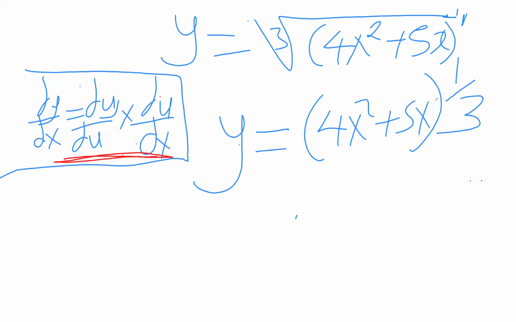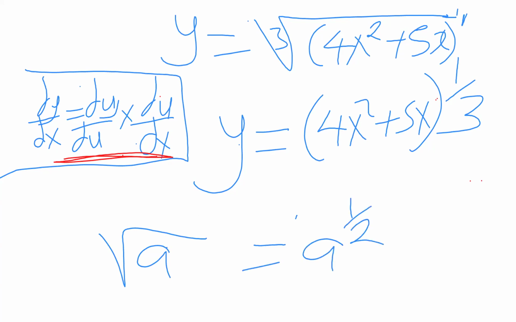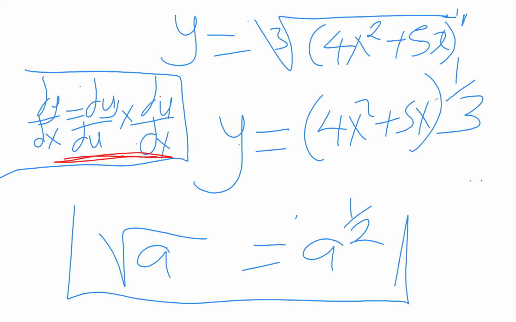Just one and the same thing. Just like the square root, you learned under indices that the square root of a can still be written as a to the power 1/2, right? This is what you learn under indices in grade 9 somewhere there.